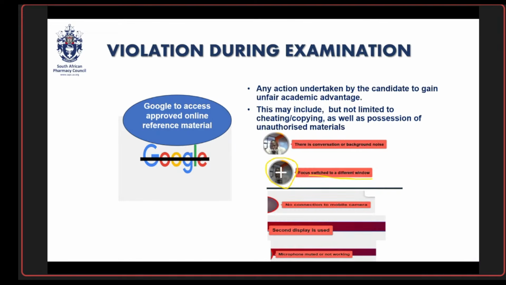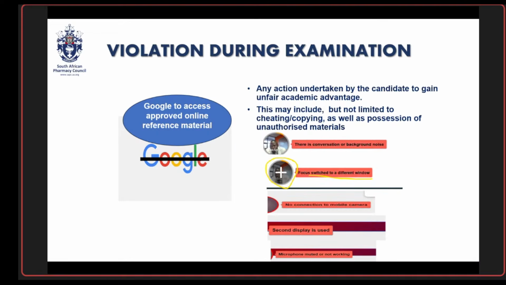So any action undertaken by the candidate to gain any unfair academic advantage, such as using Google as a reference material, can be regarded as an offense, and this may include but is not limited to cheating, copying, or possession of unauthorized material.